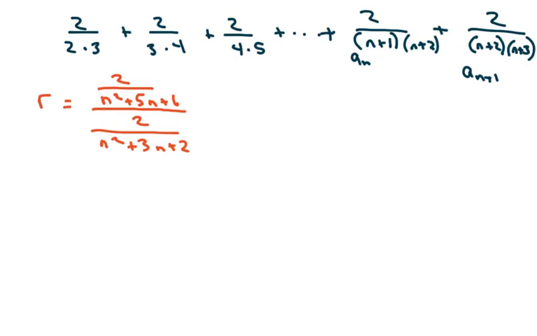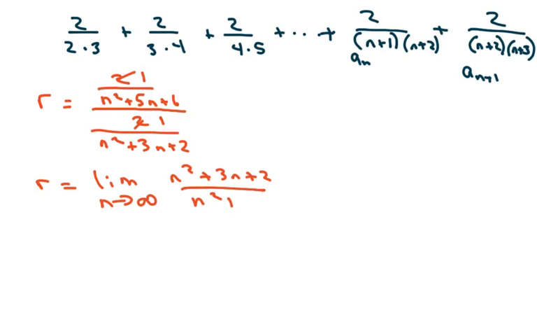And I should have done the limit here. So basically the 2's will cancel, and this is going to be 1, 1. So this gets flipped around. So our r is the limit as n approaches infinity of n squared plus 3n plus 2 over n squared plus 5n plus 6.